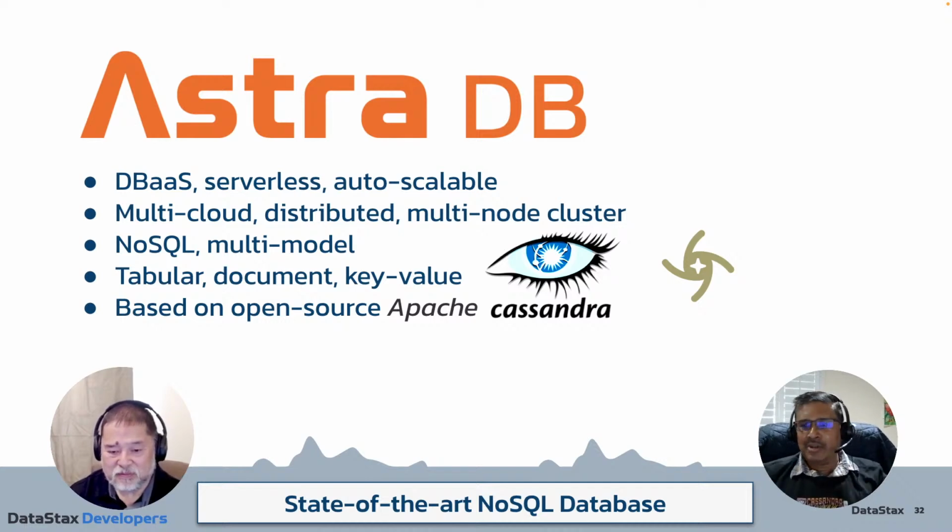You just write your application and send your queries in whatever format you want, and Stargate will provide the data in that format. So data exchange is taken care of by the Stargate API. And AstraDB as well as Stargate are both open source. David, anything about Stargate API I might have missed?